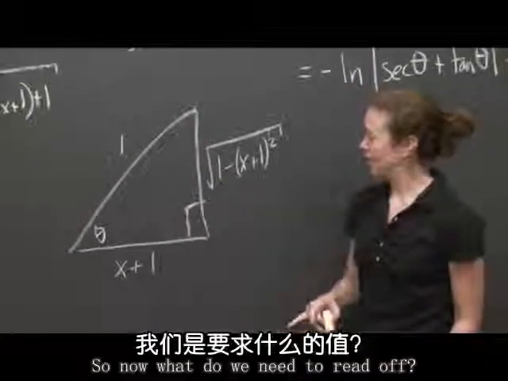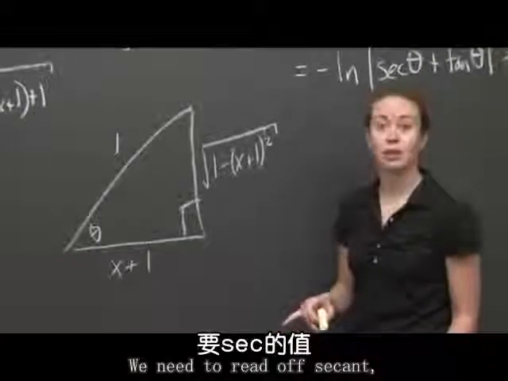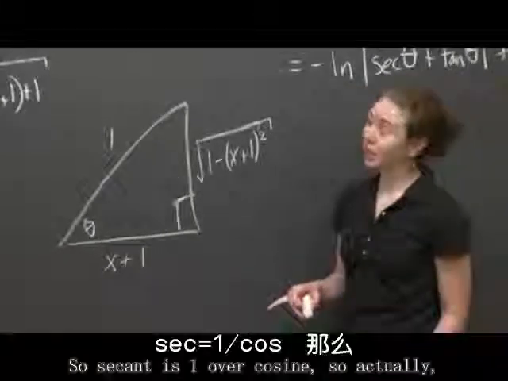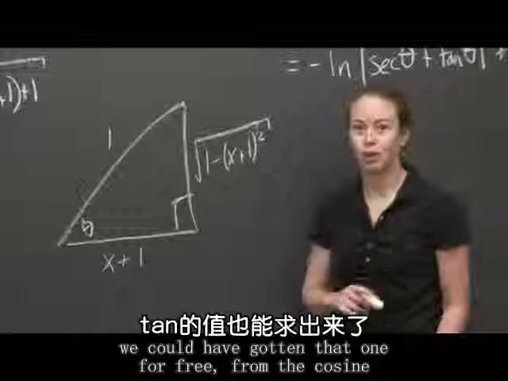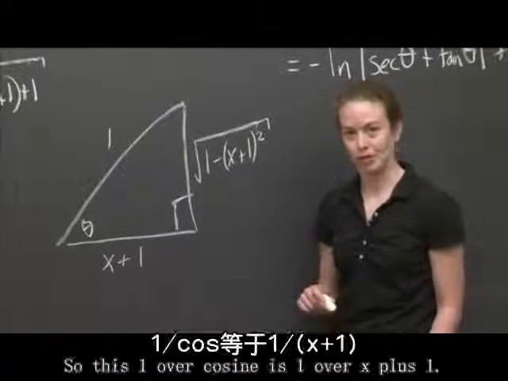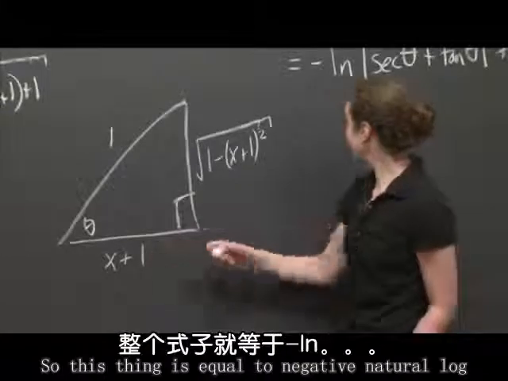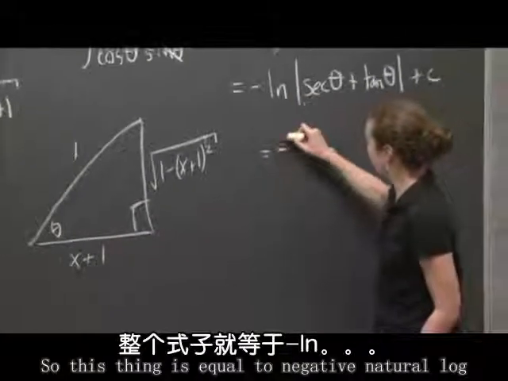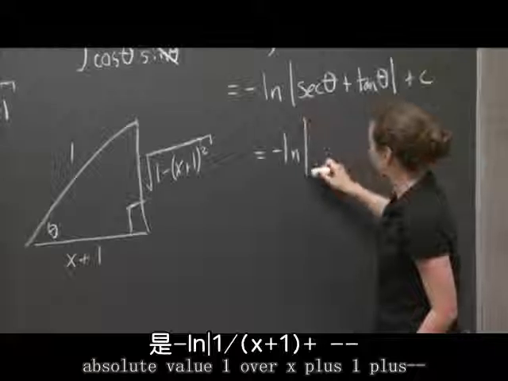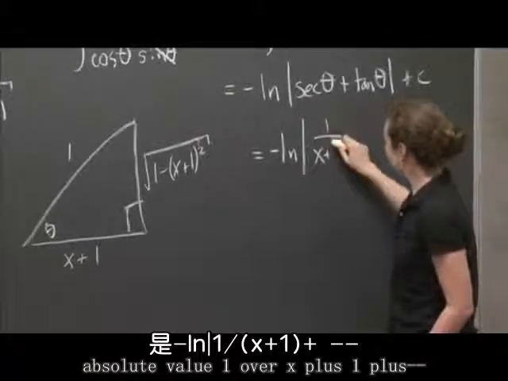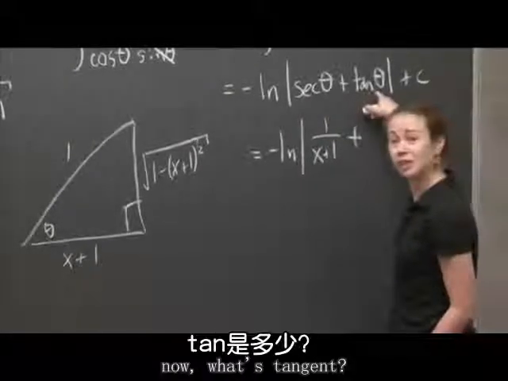All right, so now what do we need to read off? We need to read off secant, and we need to read off tangent. So secant is 1 over cosine. So actually, we could have gotten that one for free from the cosine. So this 1 over cosine is 1 over x plus 1. So this thing is equal to negative natural log absolute value 1 over x plus 1 plus, now what's tangent?